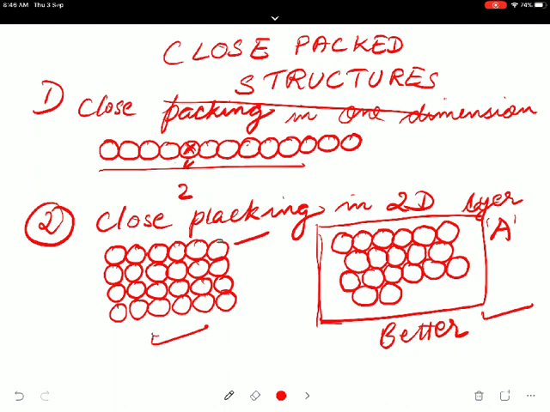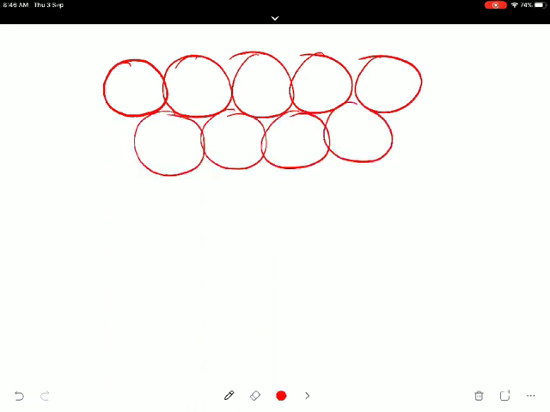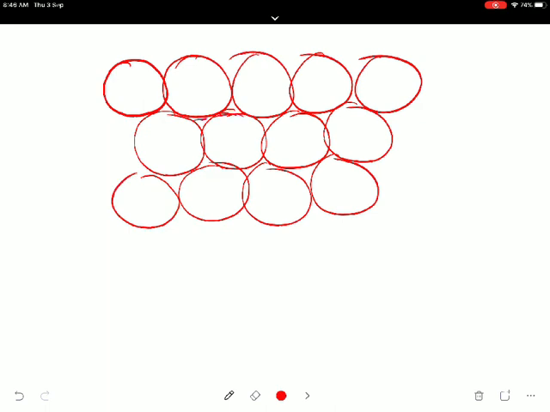I will be making a bigger 2D. In this way, you see triangular voids. This void is a triangular void.